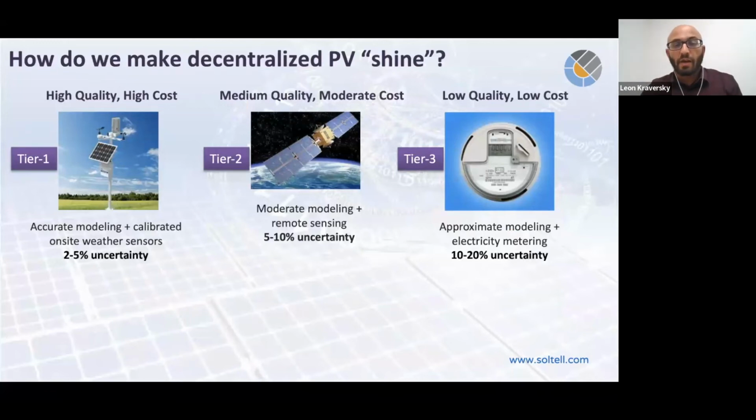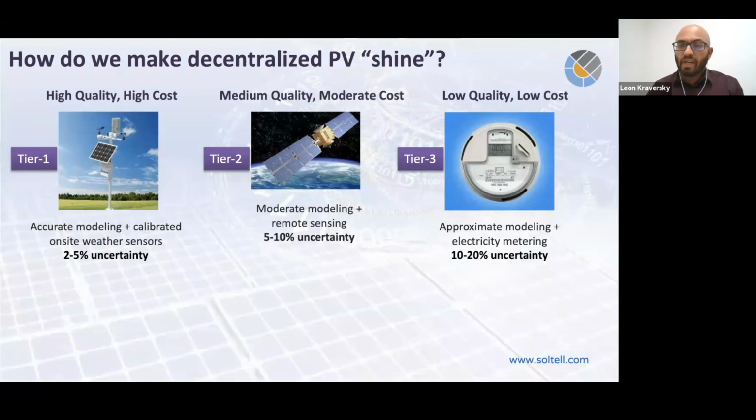We have high quality but high cost techniques with local weather sensors applied for utility scale PV. When combined with proprietary algorithms, you can reach an uncertainty level of 2 to 5% without reliance on any weather variation, of course. And that's the golden standard for the utility scale.